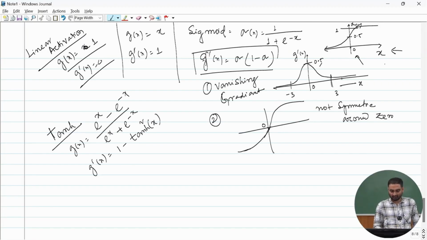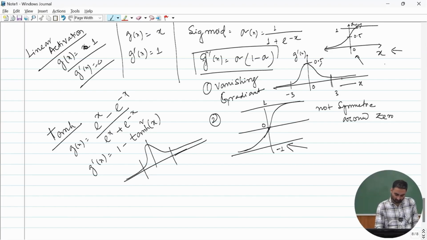So tanh, what it does, it squashes everything between minus 1 to 1, unlike sigmoid which reduces everything to 0 to 1. This is symmetric. The bad news here is, here also you see the same kind of plot for the derivative.